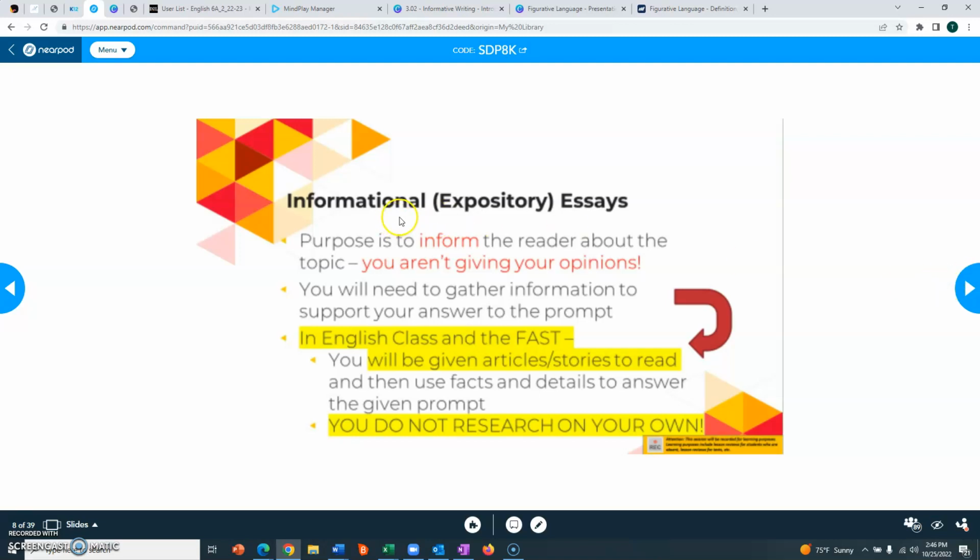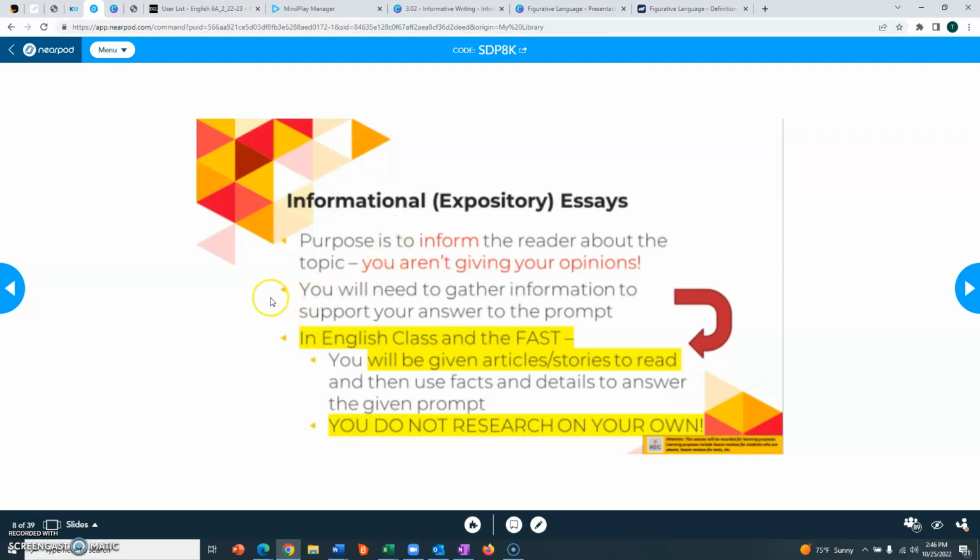And what you're going to do in an informational essay is explain what they are asking you using the sources that are given to you, because this is called text-based writing, which means that your writing is going to be based on things that you have read. You don't have to do any research or anything like that. Your evidence is going to come from things that you have read, okay?